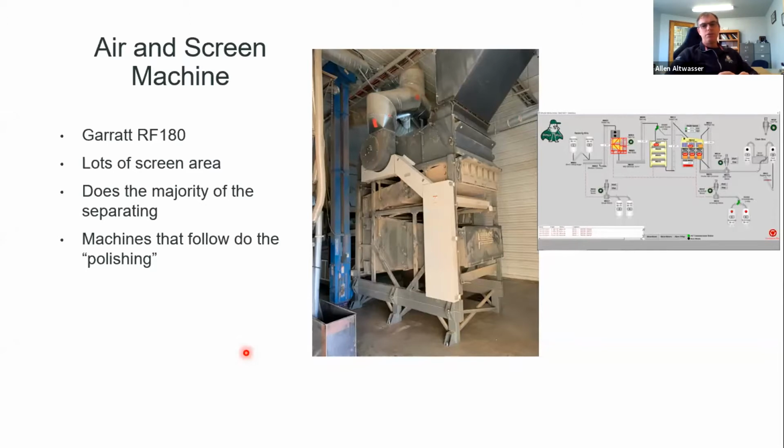Really, every machine that follows this one I consider a polishing machine, fine tuning that, picking out the small amount of material that does get through. This is lifting lights, and with all the screen area in there, it's doing a lot of the screening.